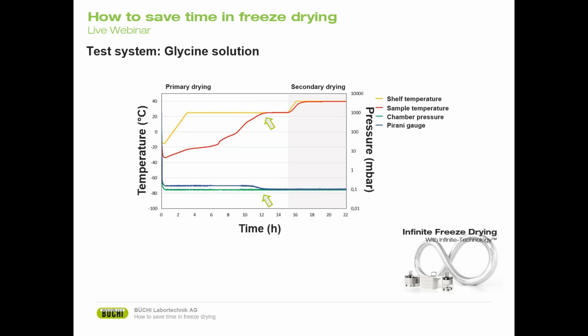More or less at the same time point, those two converge. If you think back, that determines our endpoint, so this means our sample is dry now. When we think of how we want our endpoint criterion for comparative pressure measurement to look, we would say, okay, when the difference between the chamber pressure and the Pirani gauge is 0, we reach our endpoint.